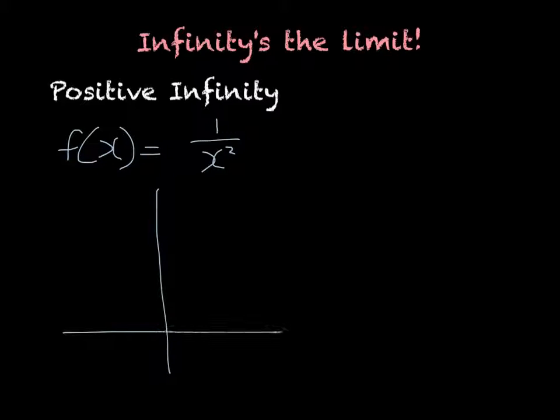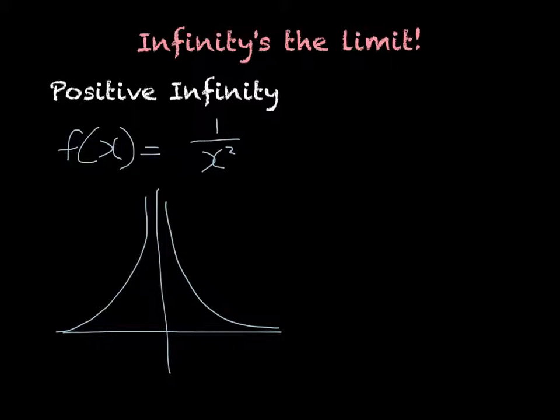So let's look at an example where the limit is positive infinity. If we think about our function, let's say we have 1 over x squared. We can examine the graph of this, and we see that it looks something like this.